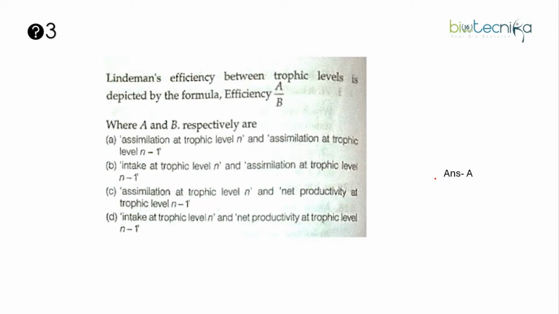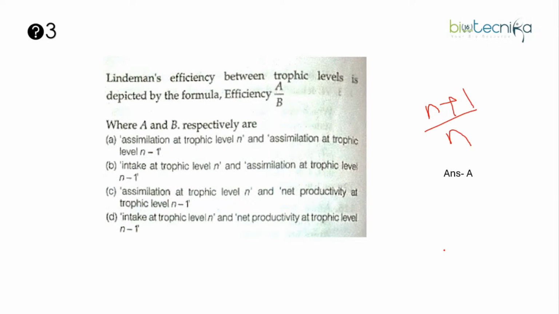Yeah, ecosystem. Okay, it is from ecosystem, correct. So it is calculated as assimilation at trophic level n and assimilation at trophic level n minus 1, or it can be represented as n plus 1 by n. The meaning is the same.